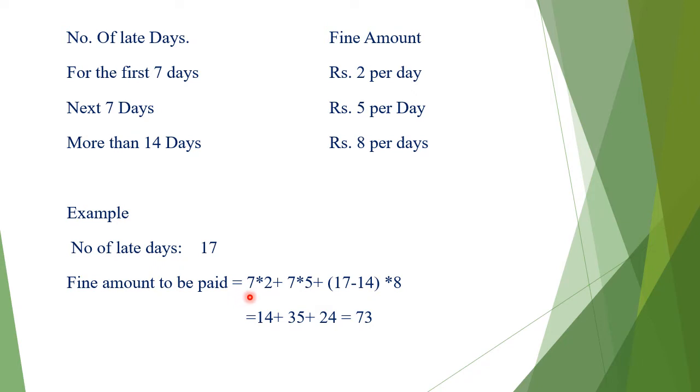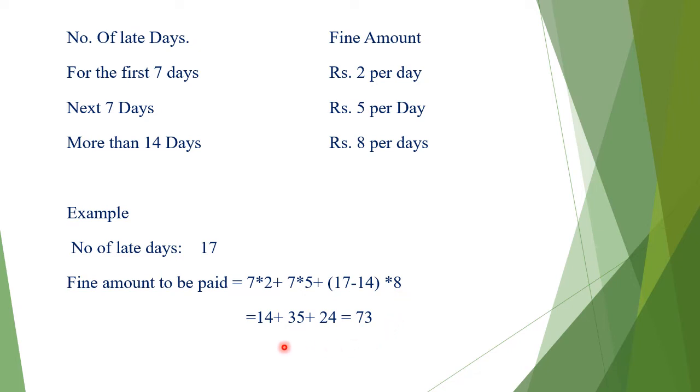For the first 7 days, 2 rupees per day, that is 7 star 2, plus next 7 days 5 rupees per day, that is 7 star 5, plus 17 minus 14, that is the days exceeding 14. For the days exceeding 14, rupees 8 per day. So we write here 17 minus 14 star 8.